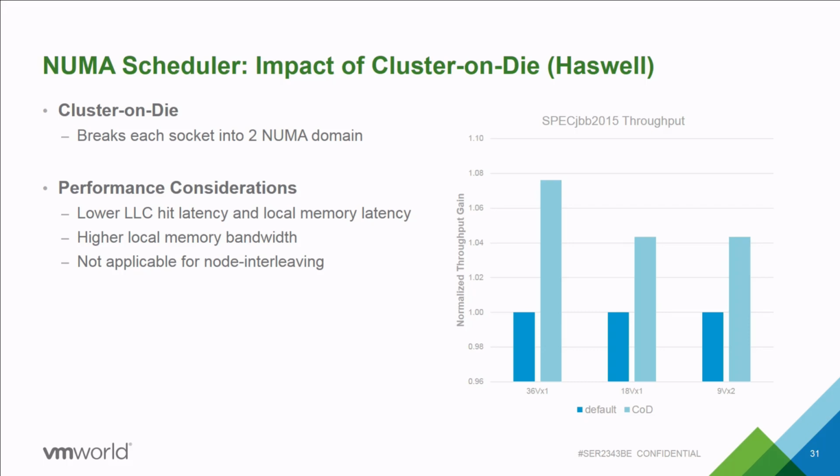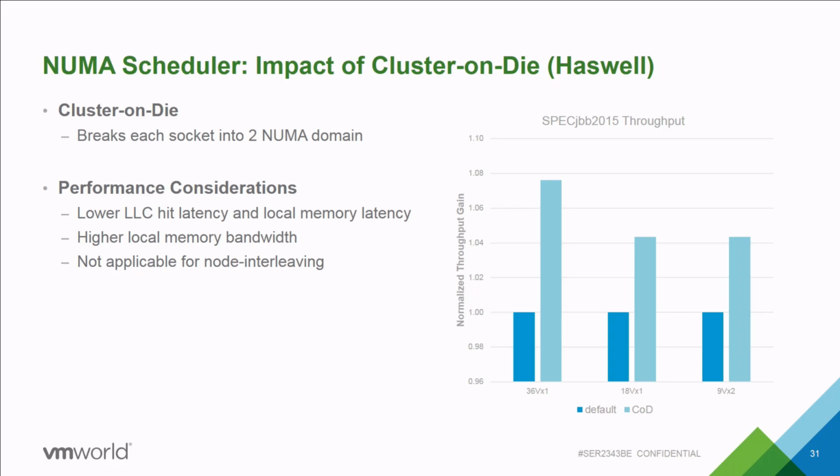And because the socket is so big, the cache becomes too big, and not only is memory access asymmetric, the cache access is also not symmetric. For some cache lines, access from a core takes longer than for other cache lines.